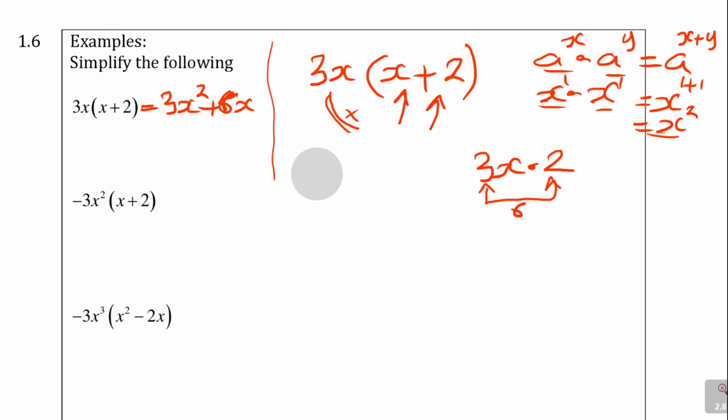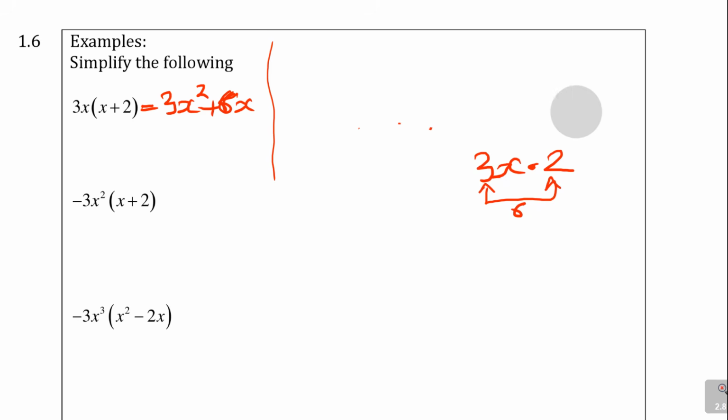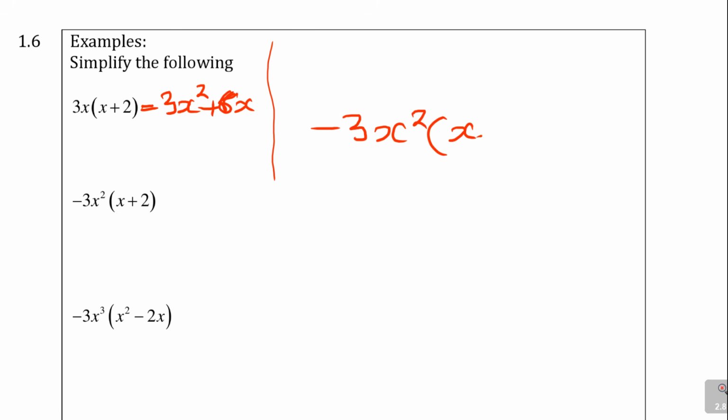What do we have? The other one now, it says we are instead multiplying negative 3x squared, but now it's x plus 2. The same bracket was maintained intentionally, but look at this. Don't forget, when you're multiplying, it's everything outside the bracket, everything, which is that times x and that times 2.